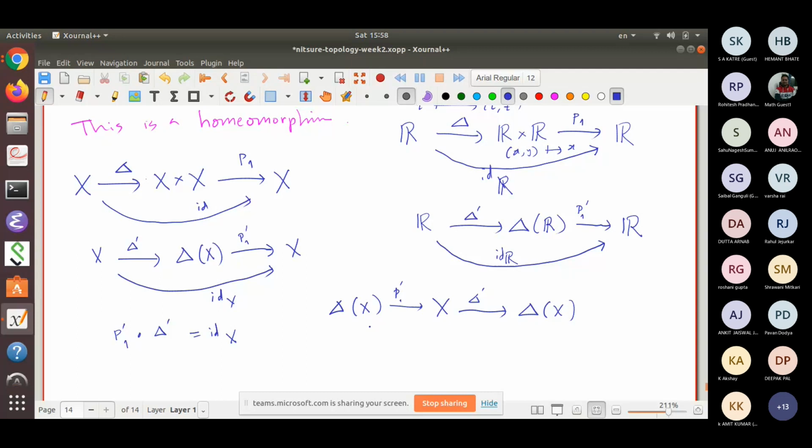So here a point x comma x is going to x, and x is going back to x comma x. So this is also identity. So delta composite P1 prime is also identity of x. And therefore delta prime, as we called it, going from x to delta x is an isomorphism.